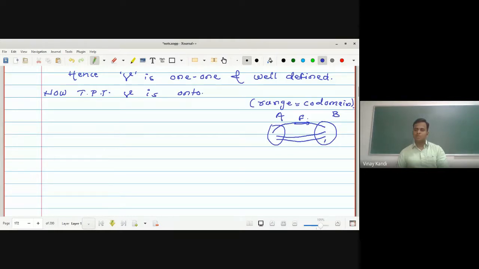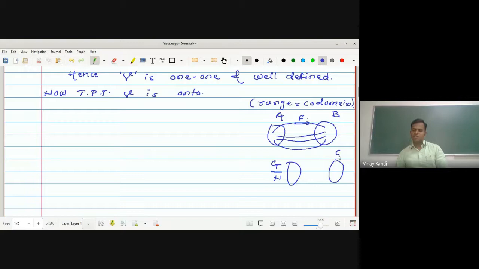So range is equal to codomain. For each and every element of the codomain, we have at least one pre-image in the domain. What is the domain of this gamma? G by n. What is the codomain of gamma? G dash.